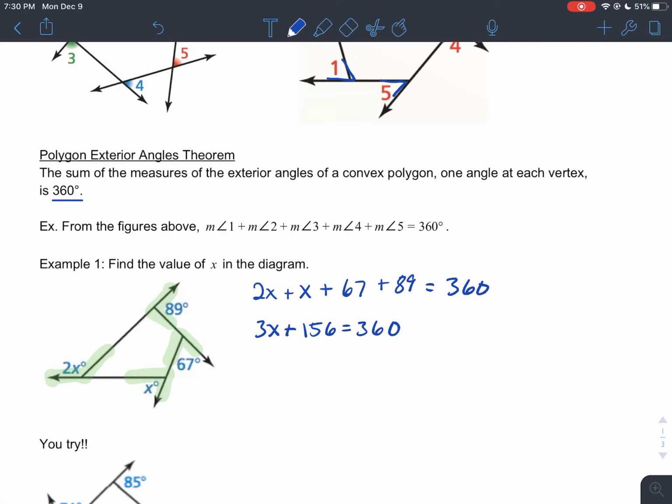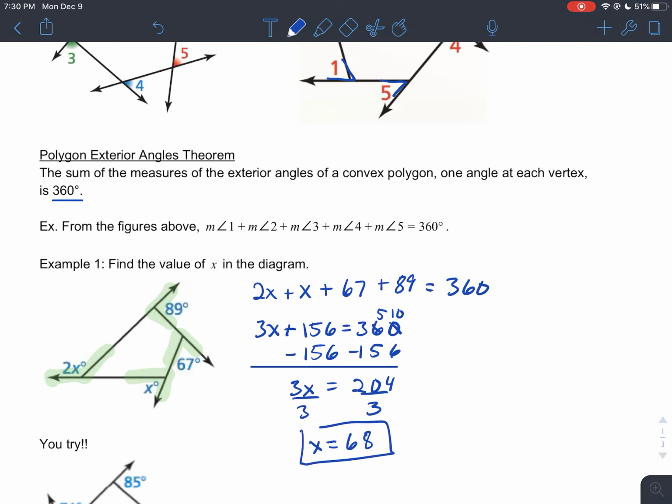Start solving. Subtract 156 from both sides. So 3x equals 204. Divide both sides by 3. X equals 68. Okay. X equals 68.